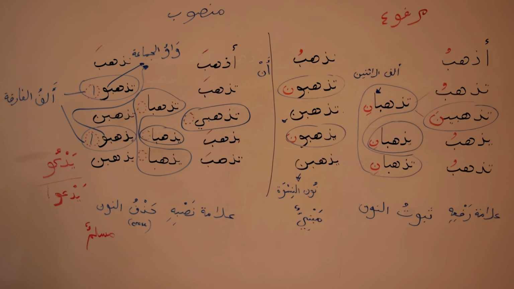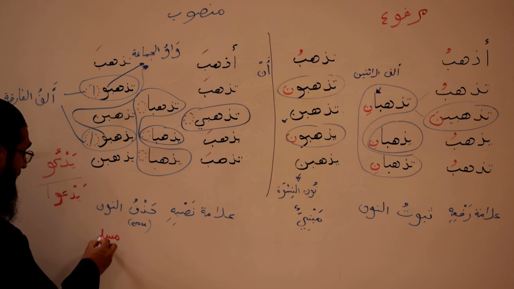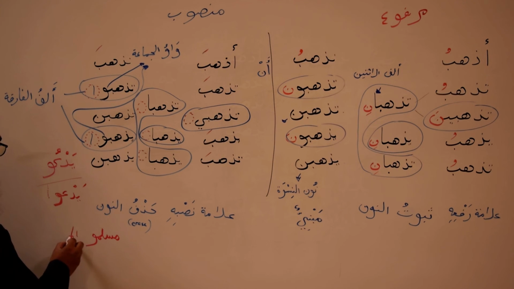When you want to make it plural, you say Muslimuna. But there are times when Muslimuna happens to be in a sentence where it is a mudaf, and after it comes a mudaf ilayhi. It's going to look like this: Muslimu al-balad. The Muslims of the country.